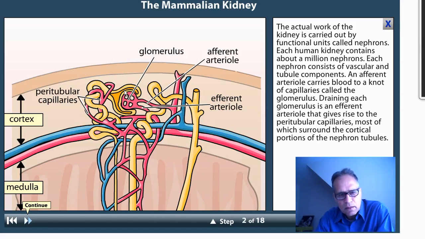Here this unit is called the Bowman's capsule, and this is called the proximal tubule, and this yellow one, as I told you, is the tubule, and the filtrate passes through this tubule. This is the loop of Henle.